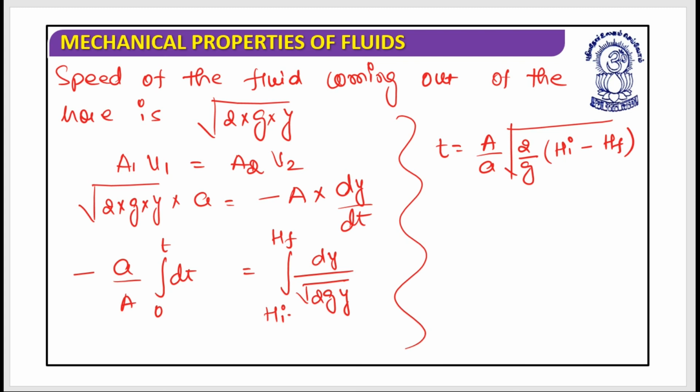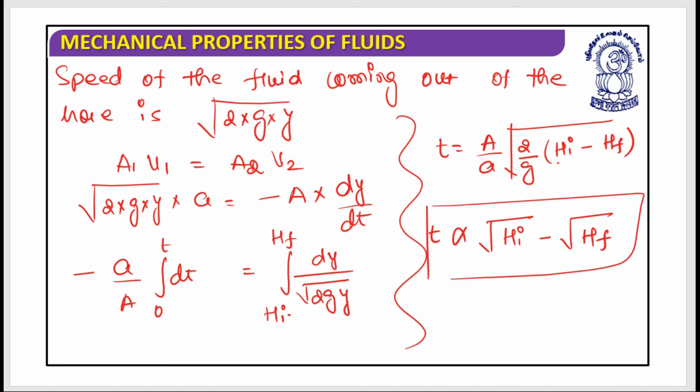Is it clear? Yes. So if I check the dependency, t is proportional to root of hi minus root of hf. This is the final formula if only the height has changed and everything else remains constant.